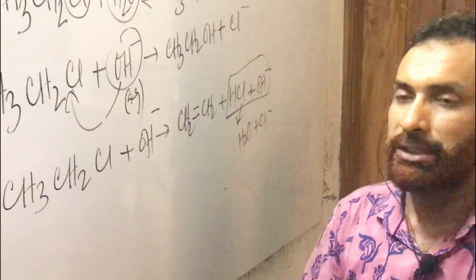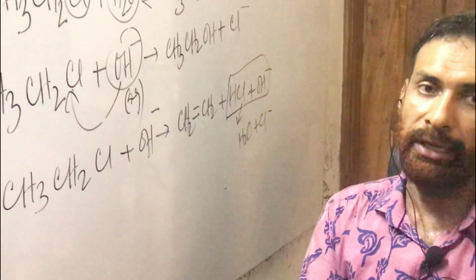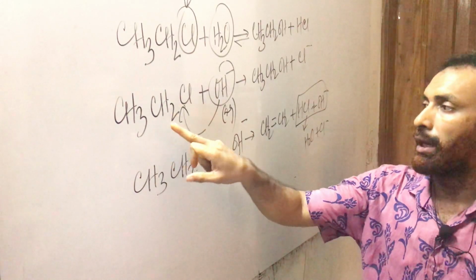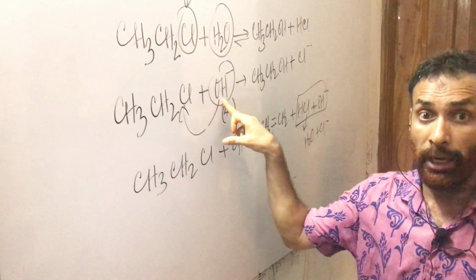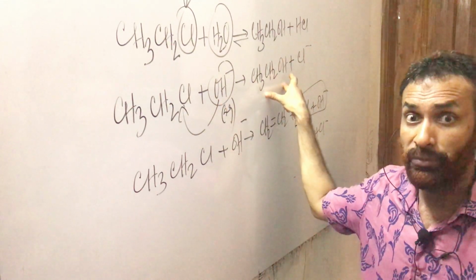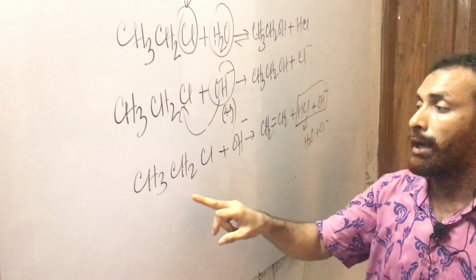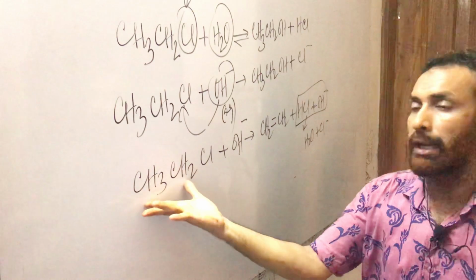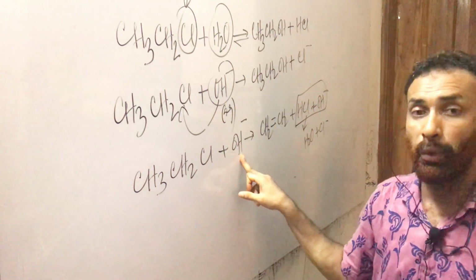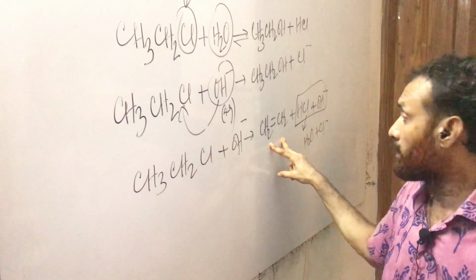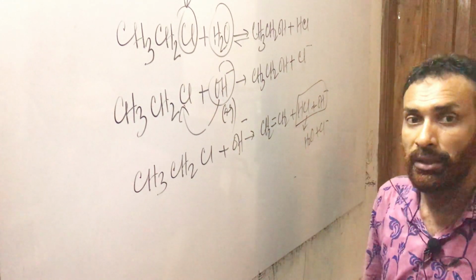Look at the reaction carefully and see how peculiar it is. In this equation you get chloroethane reacting with hydroxide, giving a substitution reaction, and alcohol is the product. In this equation you get the same chloroalkane reacting with OH, but this time you get an alkene, with water and chloride formed.